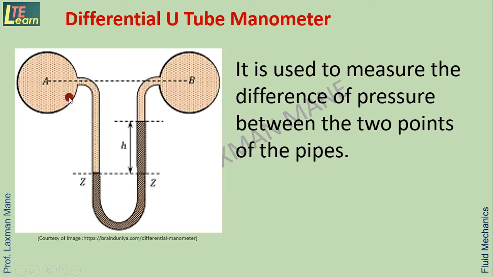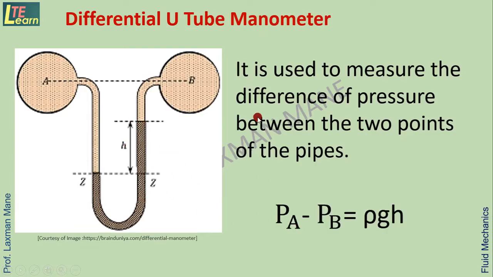So in this case, depending upon the intensity of pressure, as the pressure on the A side is more, the mercury is pushed by the fluid in system A and it is rising in the right limb by height h.